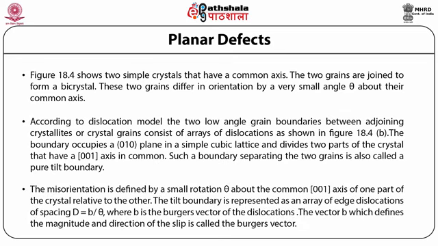The misorientation is defined by a small rotation theta about the common 001 axis of one part of the crystal relative to the other. The tilt boundary is represented as an array of edge dislocations of spacing D equal to b upon theta, where b is the Burgers vector of the dislocations. The vector b, which defines the magnitude and direction of the slip, is called the Burgers vector.